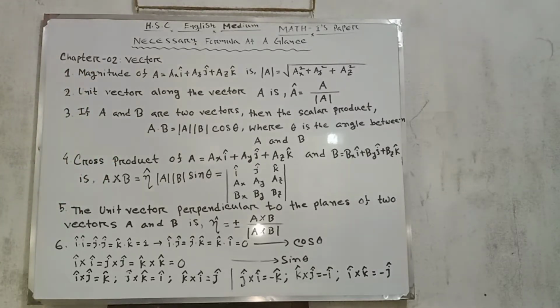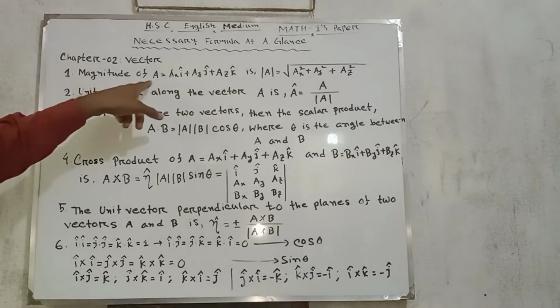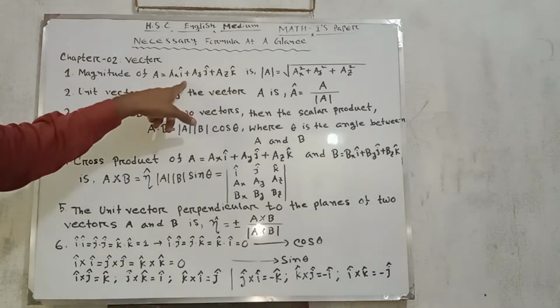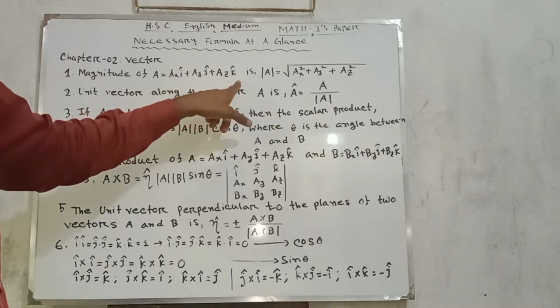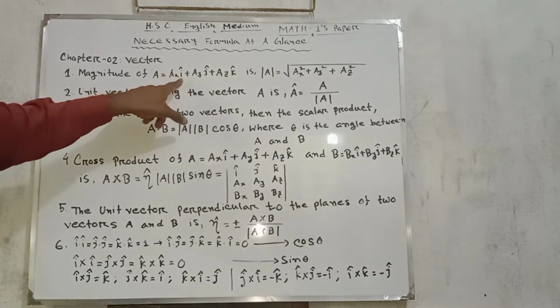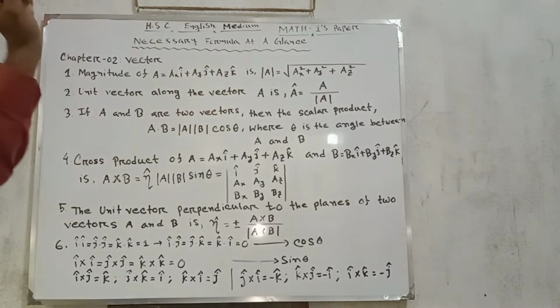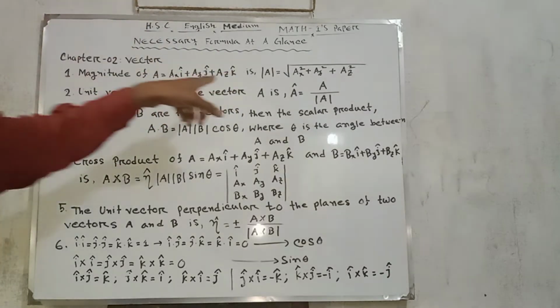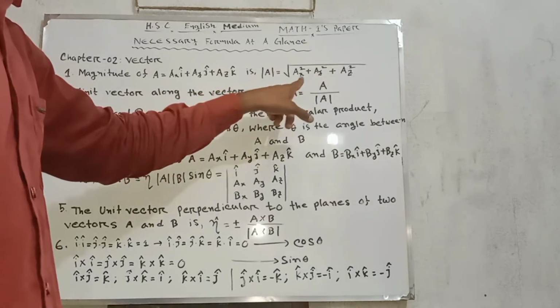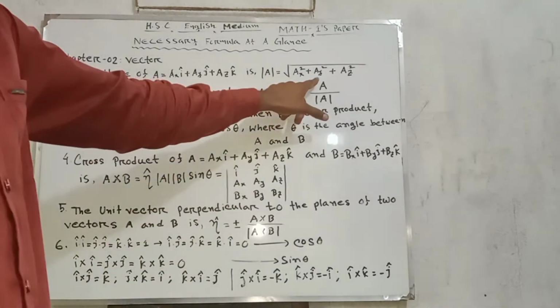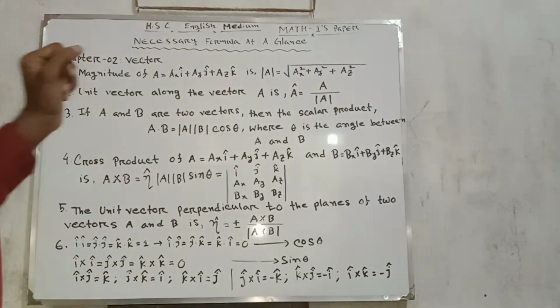Vector. First formula: magnitude of A equals AxI plus AyJ plus AzK. I, J, K are called unit vectors. Modulus of A equals root of Ax square plus Ay square plus Az square.